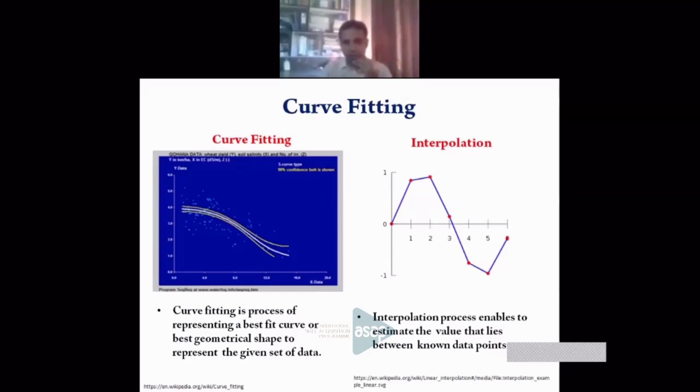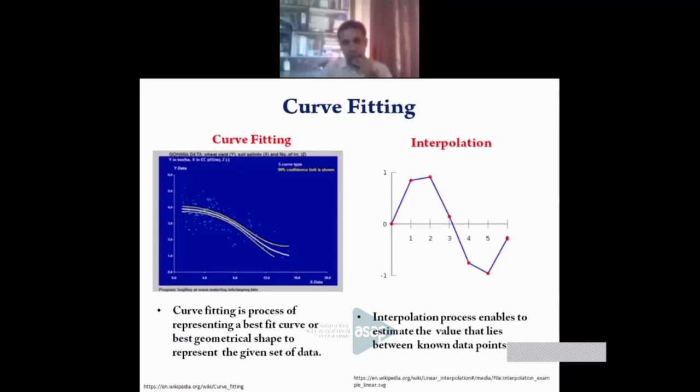Now, when we start learning curve fitting, perhaps what comes to your mind is that in the previous session we had interpolation. There also we had data points, and you are trying to build polynomials connecting the data points. The primary difference between curve fitting and interpolation is this: in interpolation, you are given data sets and need to estimate a value which lies between the data points.